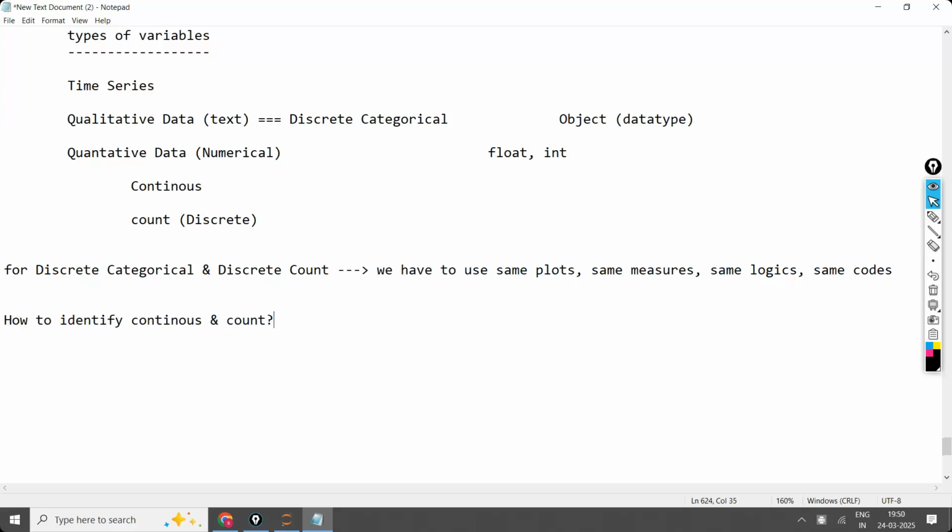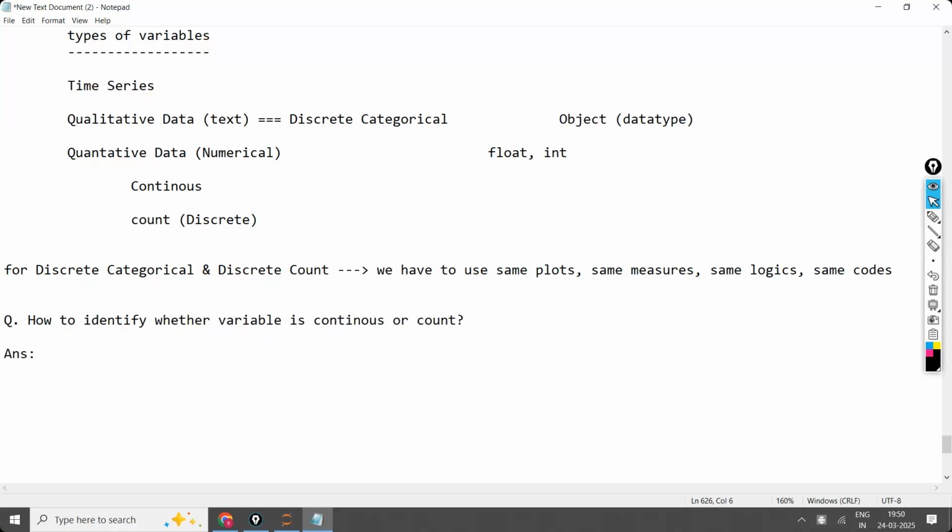How to identify whether the variable is continuous or count?